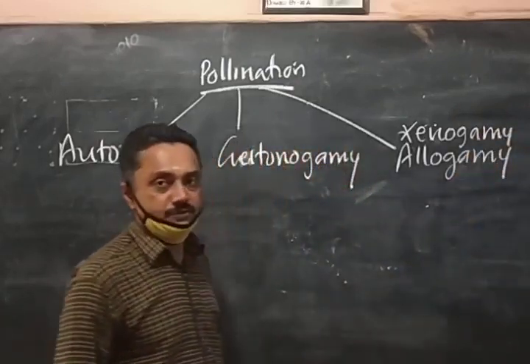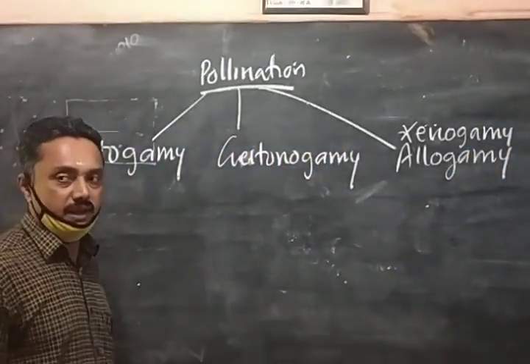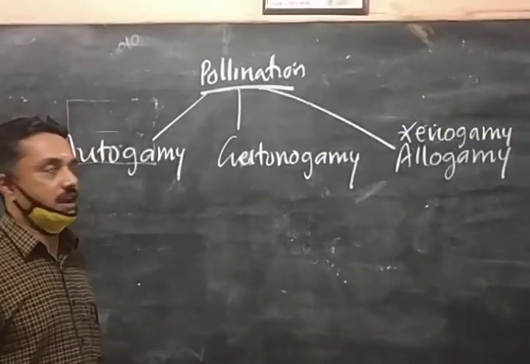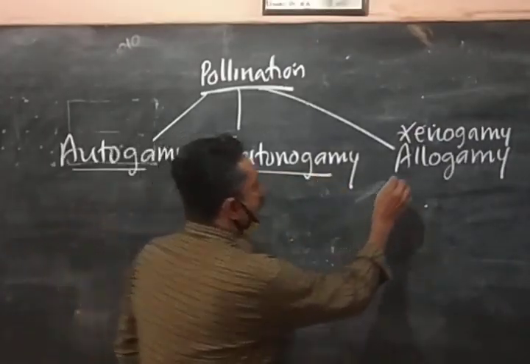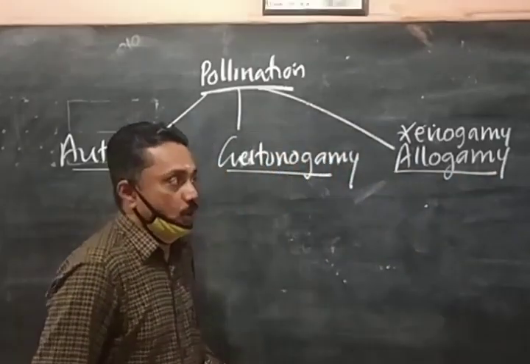There are three types of pollination because different plants are there and different types of pollinations occur.